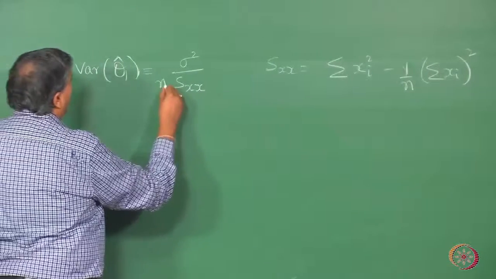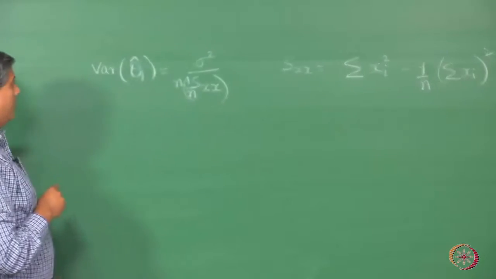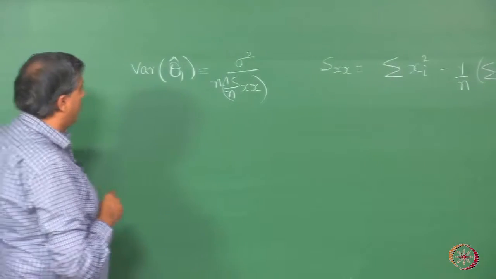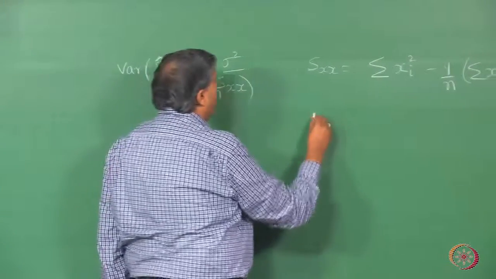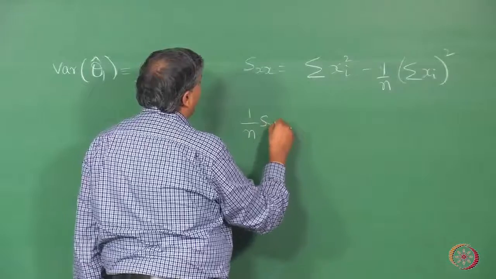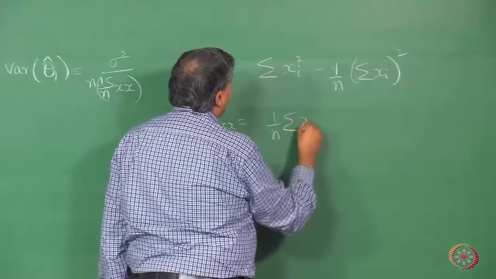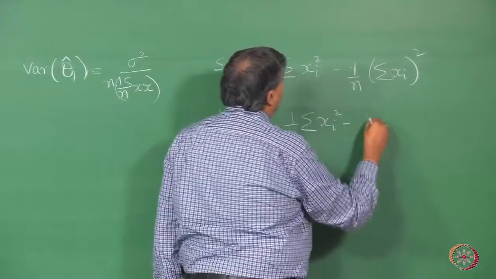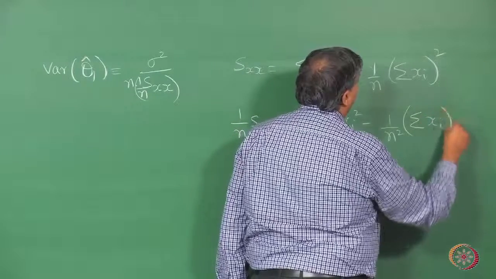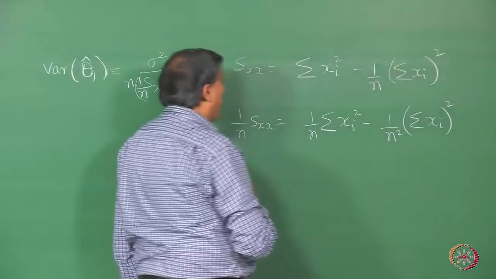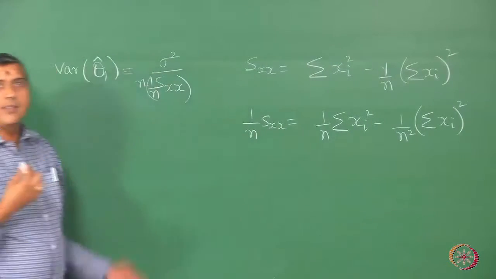Now, suppose I multiply and divide here with n and 1 over n, then 1 over n Sxx is 1 over n sigma xi square minus 1 over n square whole square, which of course you can show is, if you think of x as a random variable.